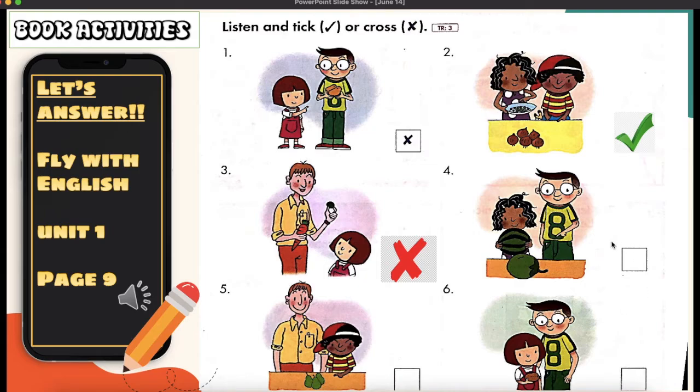Number 4. What's that, Sue? It's a watermelon. And what's that? Is it a mango? No, it's a coconut. Number 5. What are those vegetables in English? They're not vegetables, Sam. They're fruit. They're pears. Pears. Thank you, Mr. Lee. Number 6. What's this in English, Bill? It's a potato. Is it a fruit or a vegetable? It's a vegetable.